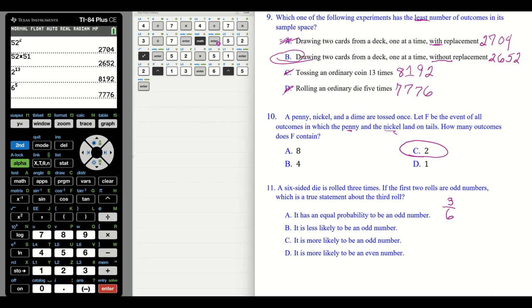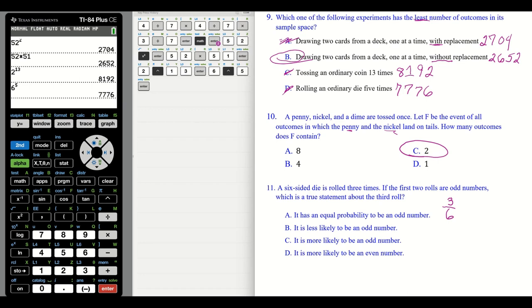What is true? The first 2 rolls. Well, what is true is A, it has an equal probability to be an odd number. Yeah, it could be odd again. It has a less likely number to be, no. The die doesn't change as you roll it. It stays the same no matter what you do.